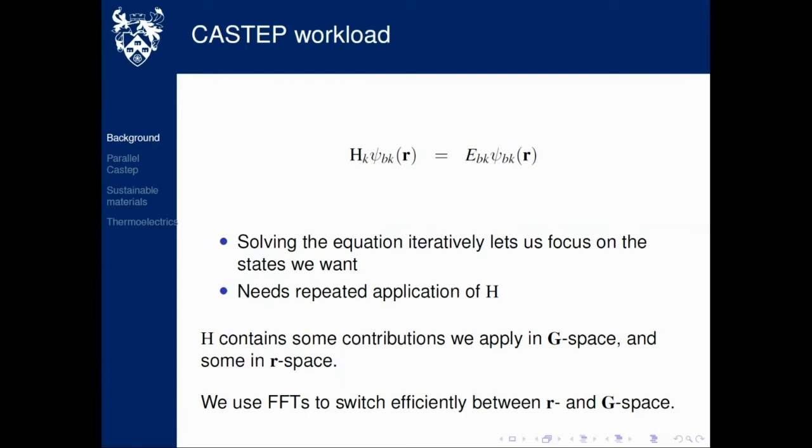And some of them are very efficiently applied in direct space, real space, the space of positions. So in order to go between my plane wave space, if you like, and my real space, I need to be able to use fast Fourier transforms so that I can switch between those spaces very efficiently.